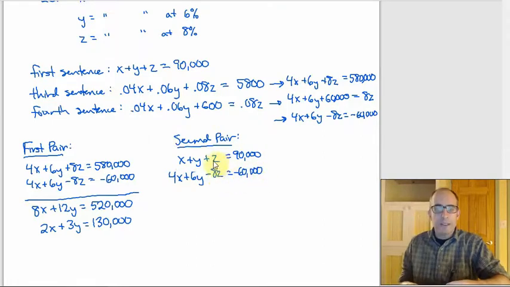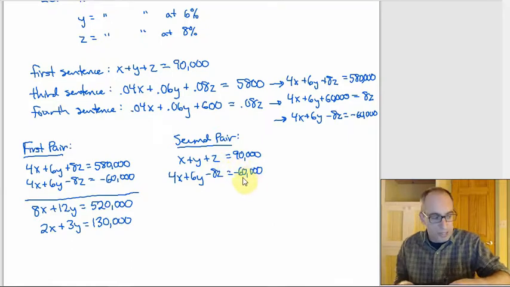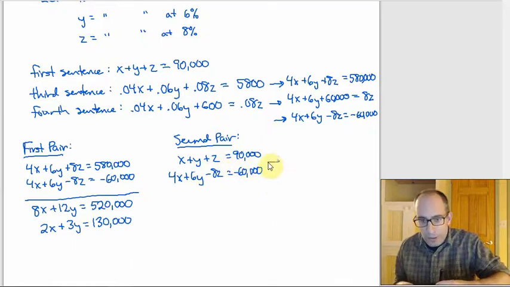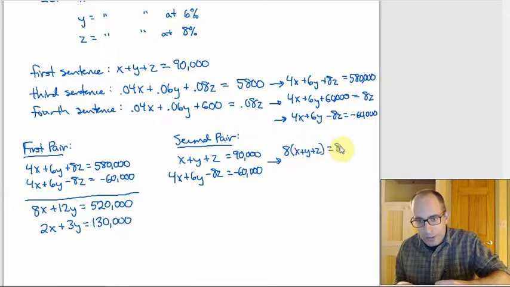And I need to get an 8z on top, so I've got to multiply both sides by 8. So I'm going to have 8 times x plus y plus z equals 8 times 90,000. And then I'm just going to have 4x plus 6y minus 8z equals negative 60,000.